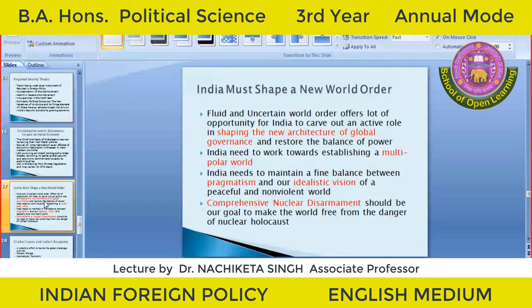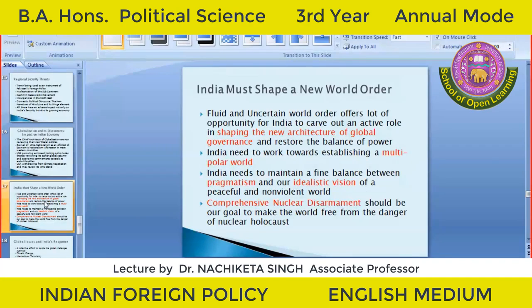So the entire gamut of bilateral and multilateral relationships for India underwent a drastic change during this period, when we established new relationships with countries with whom we did not have relationships during the Cold War, and we also had to disconnect ourselves from countries with whom we had some relationship with regard to our defense needs and other things in the past. So it was a new kind of situation in which we were working. But at the same time, as I told you, change and continuity always remain our primary focus.